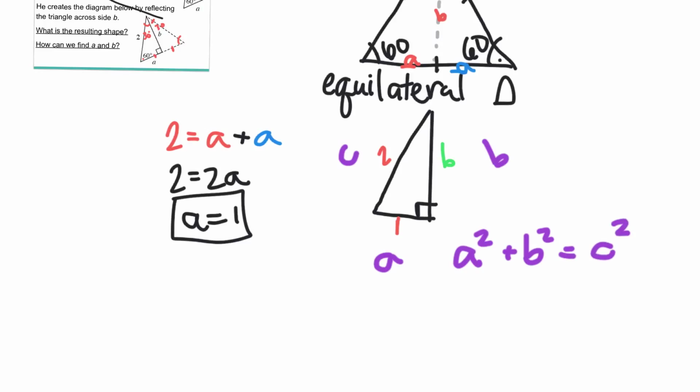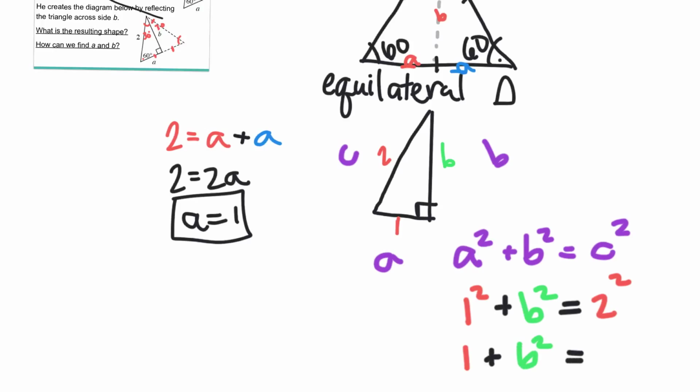Now, in other words, if I plug this in, 1 squared plus B squared, it's still going to be B squared, equals C squared. Well, C squared in this case is 2, so 2 squared. If I continue this, 1 squared is 1. B squared is still going to stay as B squared.